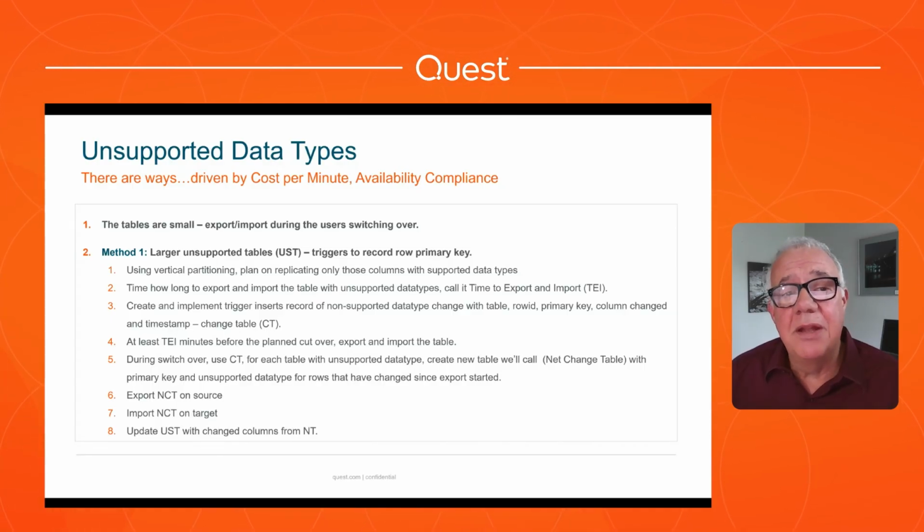And you need to time how long it's going to take to export and import the table with unsupported data types. We'll call that time to export. Now, what you can do is create and implement triggers on insert, update, and of course all the DML that's going to affect the record. You're going to record the table, the row ID, the primary key, what column changed, and a timestamp in a change table.